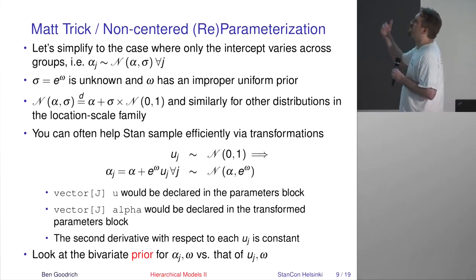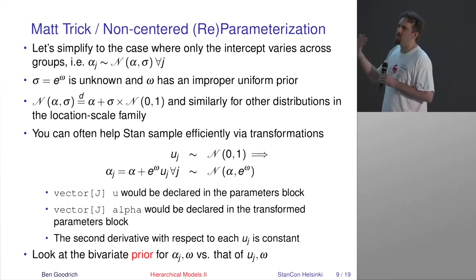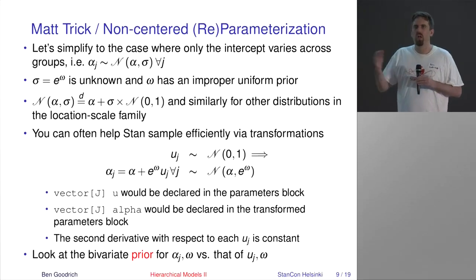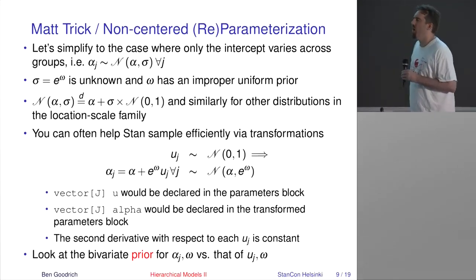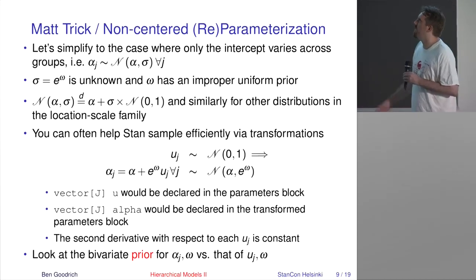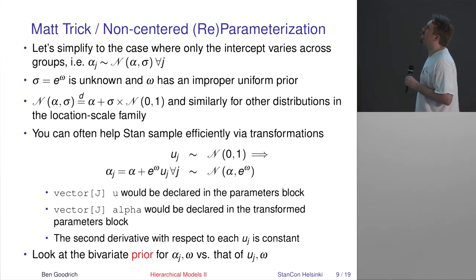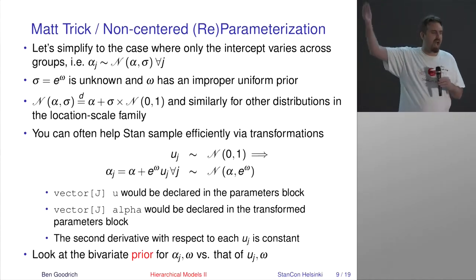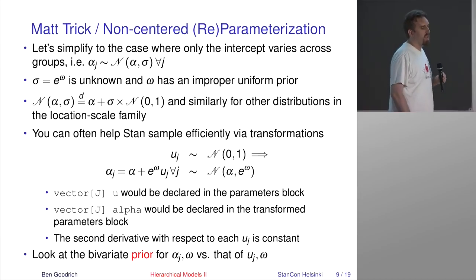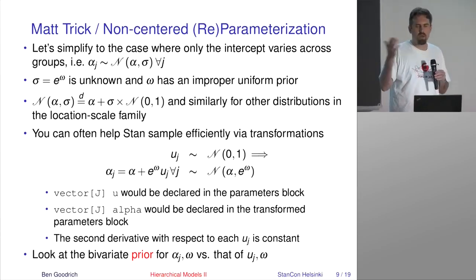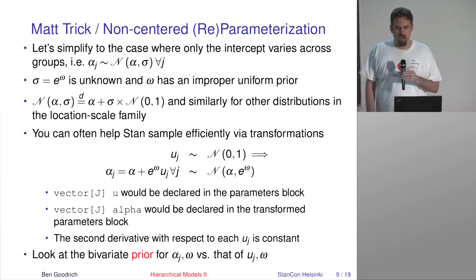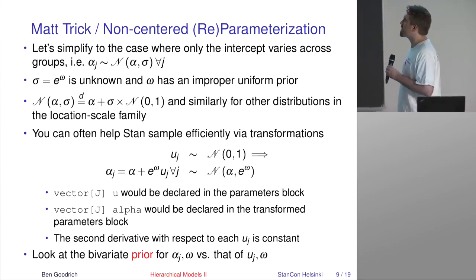And so we might think that the school-specific intercept has a normal distribution with some overall population-level intercept alpha that's unsubscripted, and sigma or tau, whatever you want to call it, capturing the deviation of the intercept from one school to the next.